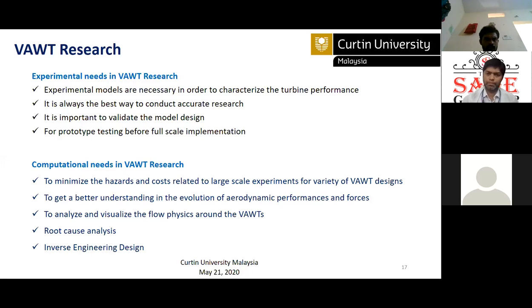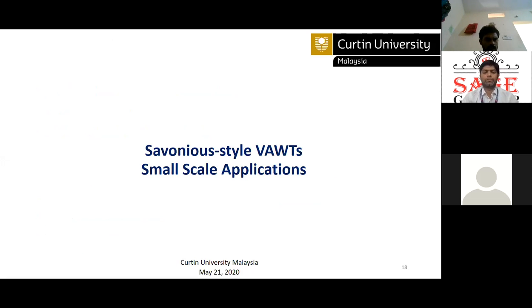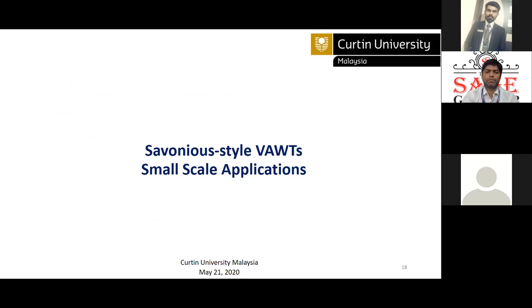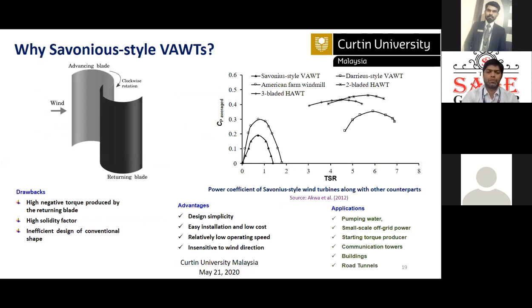So if we go further, now I will talk first of all about the small scale applications. We'll see the Savonius type of vertical wind turbine. Basically, I worked on the Savonius style vertical wind turbine for quite a long time, and the idea was, first of all, we thought about the starting capability, because in a low wind region it's very important that you should have a wind turbine installed there, particularly on the rural side or above buildings or communication towers.